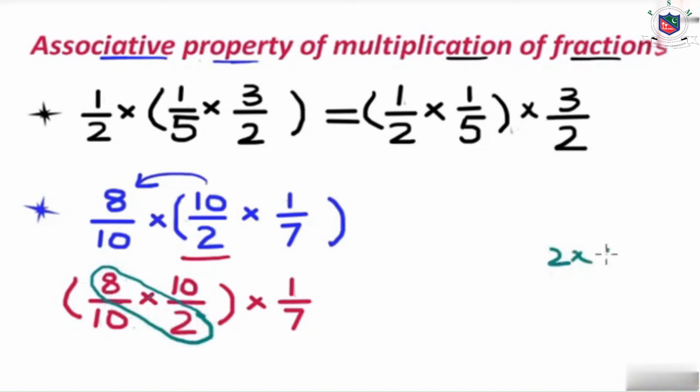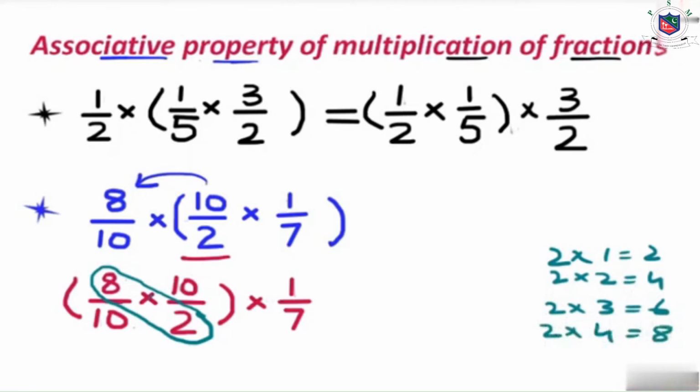Yes, they both can be cross cancelled. 2 times 1 is 2 and 2 times 2 is 4, 2 times 3 is 6 and 2 times 4 is 8. So, after cancelling 8, we shall write 4 here because 2 times 4 is 8, and after cancelling 2, we have to write 1 because 2 times 1 is 2.